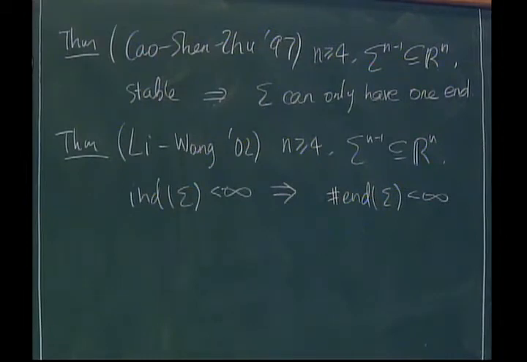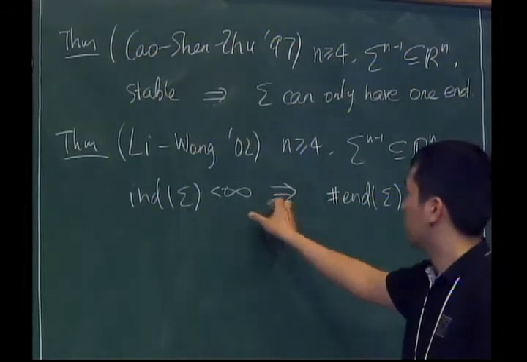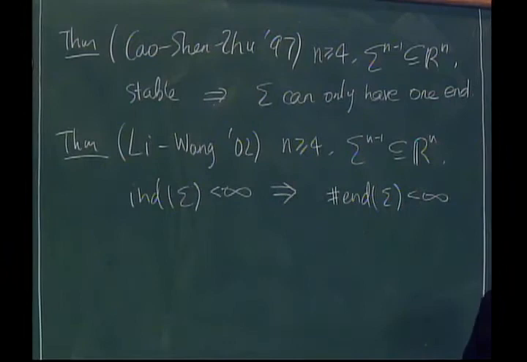So this is a qualitative statement, right? So there's no quantitative relationship between the index and the number of ends, right?